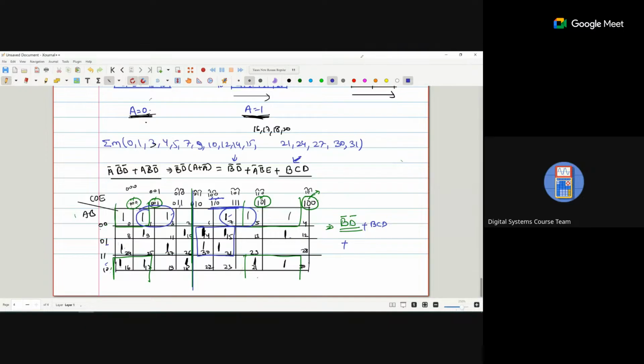So if we write an equation for that one, A is constant, B is constant. So A bar, B bar. Okay, and out of these 4 columns, 0 0 1, 0 1 1, 1 1 1 and 1 0 1. So only this term is constant. Okay, and that is E. C D E. So E is constant, that means E.